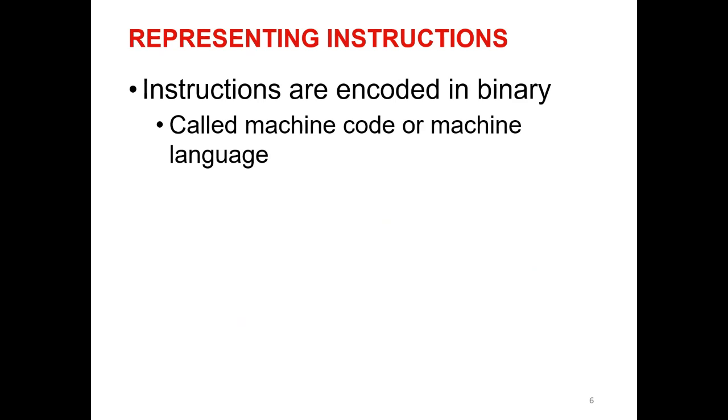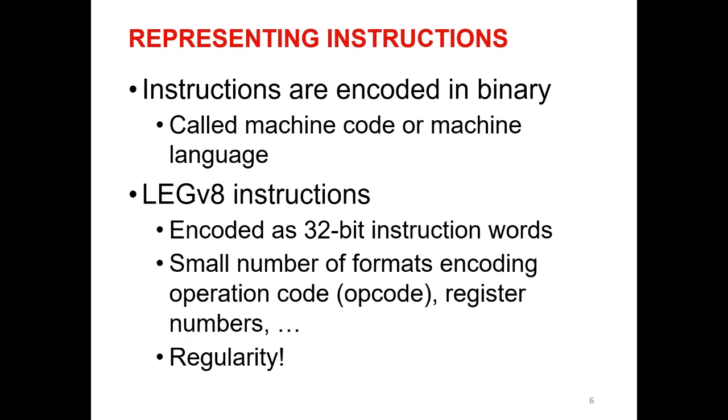So these instructions are encoded in ones and zeros, in bits, in binary, and this is what we call machine code or machine language. For the instructions, remember the add instruction, the sub instruction we saw yesterday, we refer to those instructions as assembly instructions, and once those instructions are actually converted to zeros and ones, which is the language that the machine understands, we call this machine code or machine language.